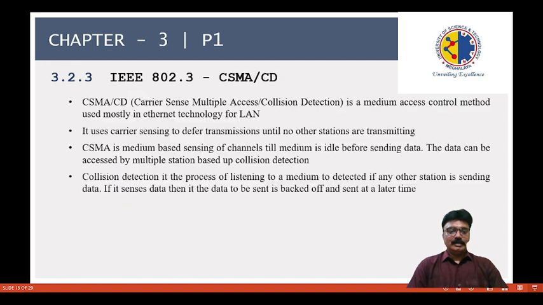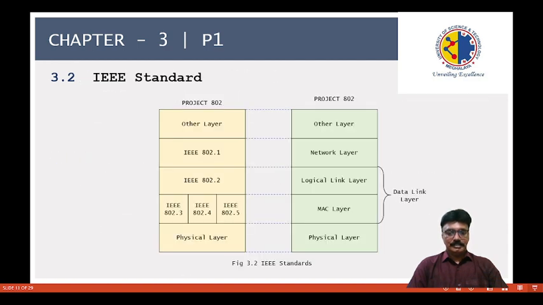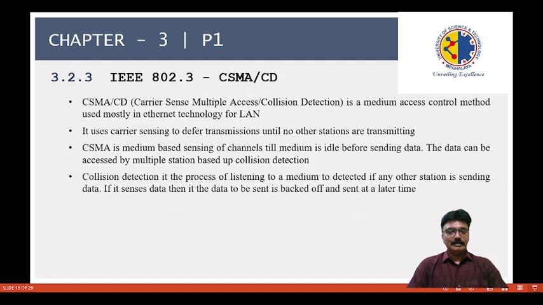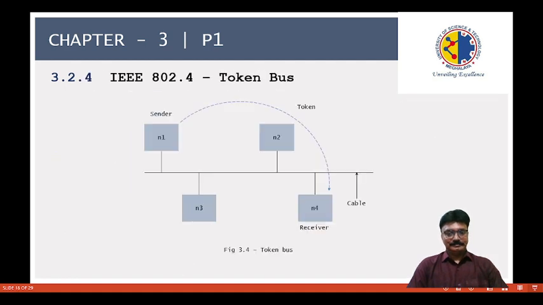So now we are at 802.1, 802.2, 3, 4, 5. Before 5, the token bus, token ring and others will be under consideration in the bus topological methods. So IEEE 802.4 token bus.